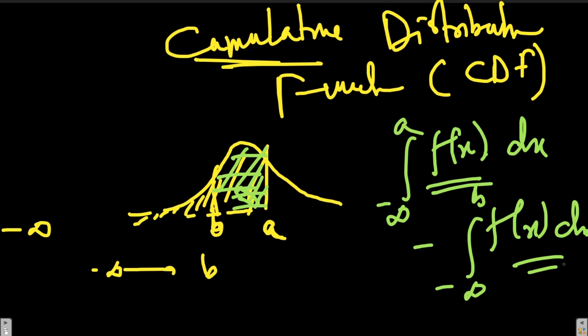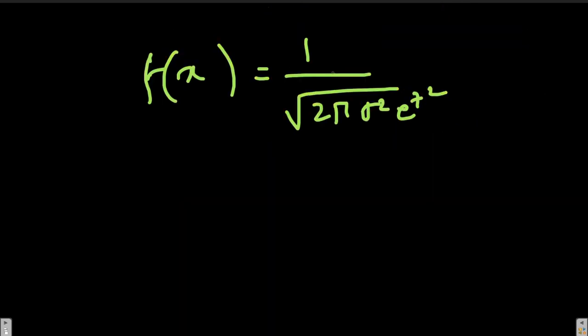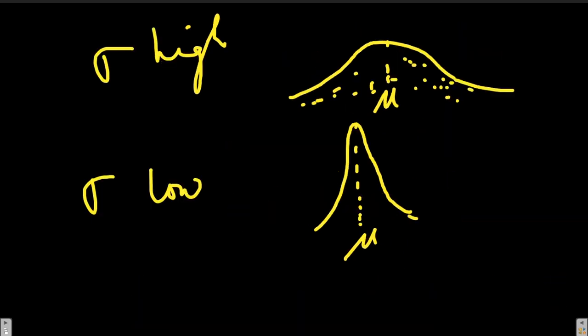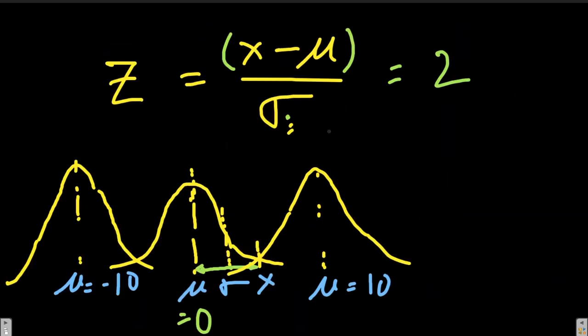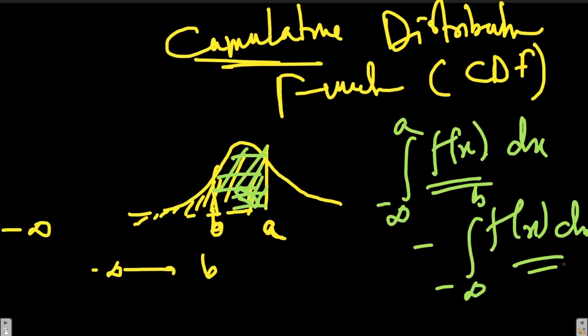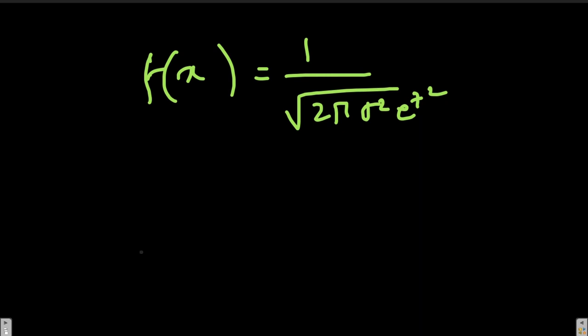The easy way out is the z value that we have seen here. There are certain standard rules that we already have, and the area under the curve depends on the standard deviation, irrespective of the value.